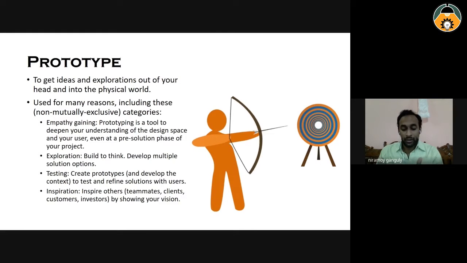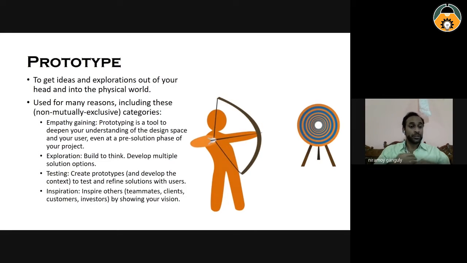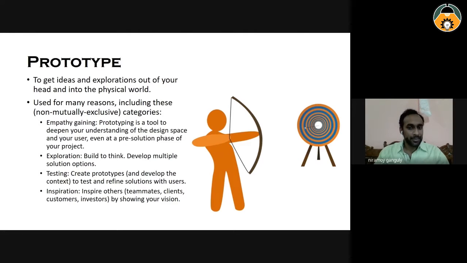Through prototyping you get to understand whether the problem that you have defined is the correct problem or not, or whether you missed out any particular aspects when you were gaining certain inputs from the user. So through prototyping, you use your empathy gaining, you explore the different types of solutions you may have come up with, you test them, and then you gain your inspiration to redo the prototype.